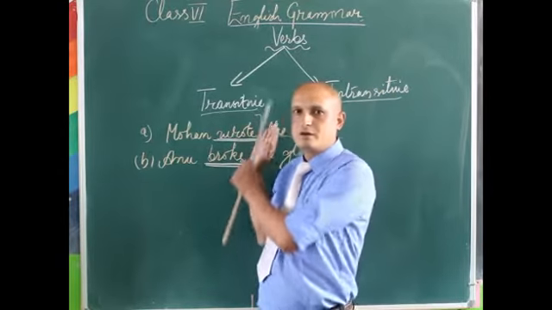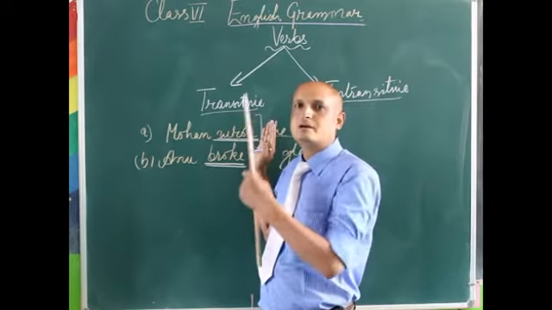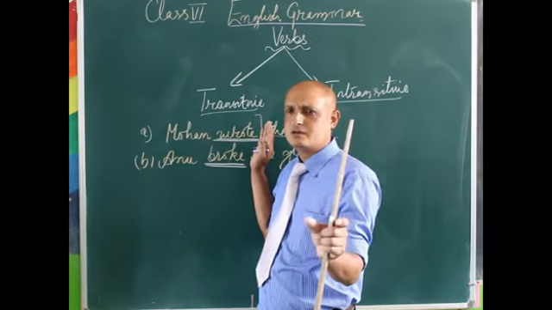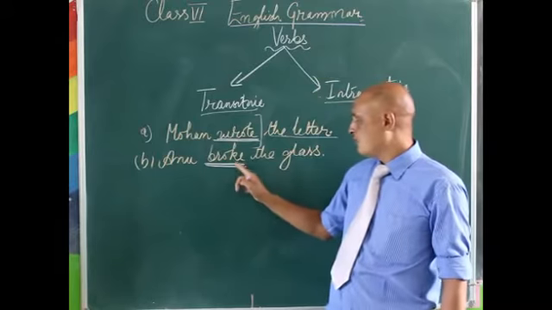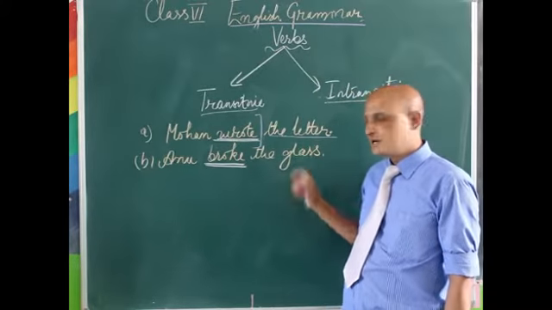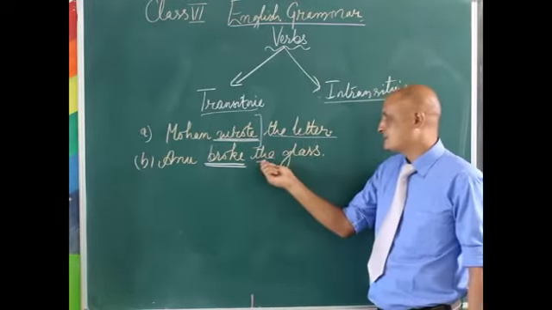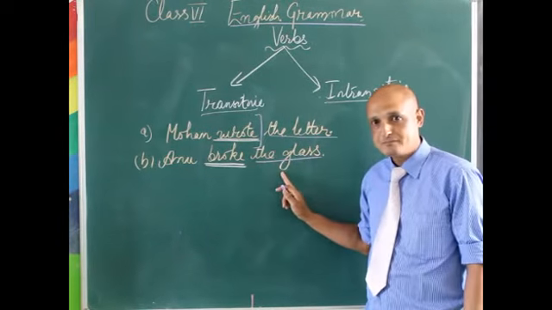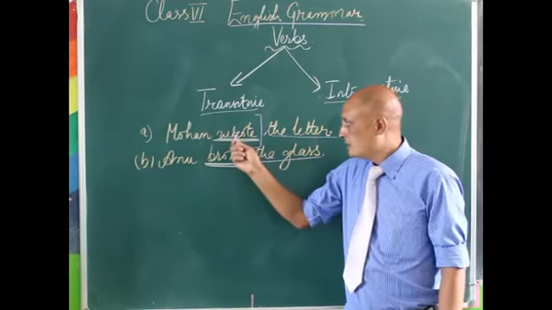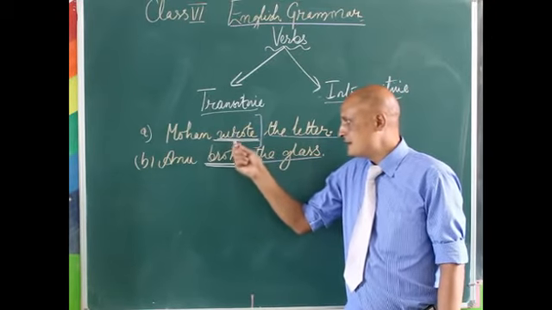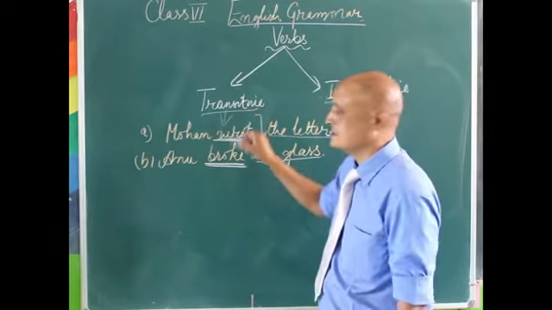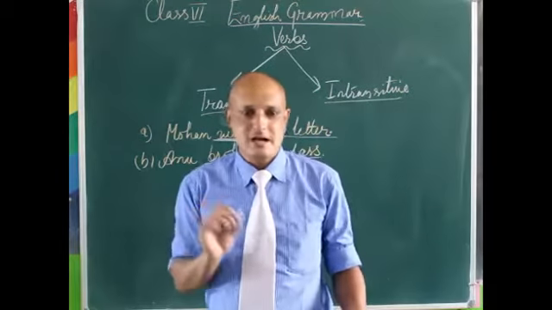If you have just written Anu broke, it would be incomplete. Broke what? It needs something. So we get a question: broke what? The glass. So the verb here also needs an object. Therefore, the verbs wrote and broke are said to be transitive.